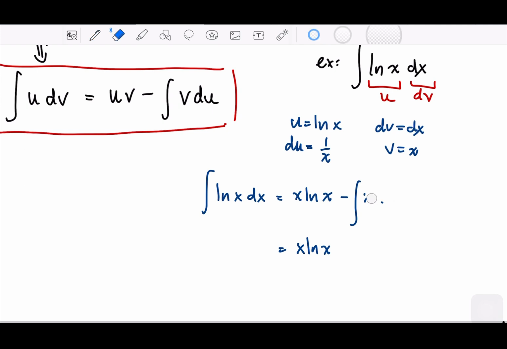So this will be 1, and integrating 1 becomes just x, so negative x plus a constant.